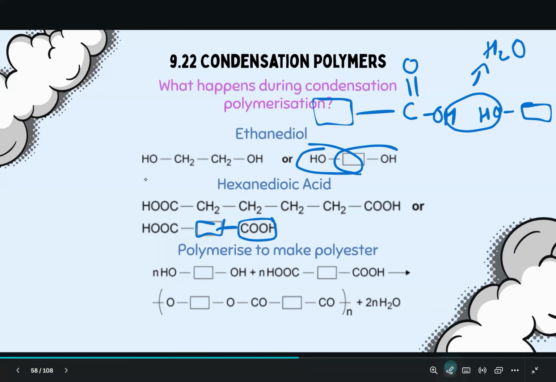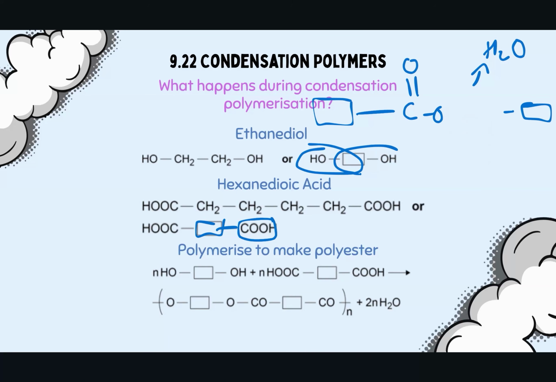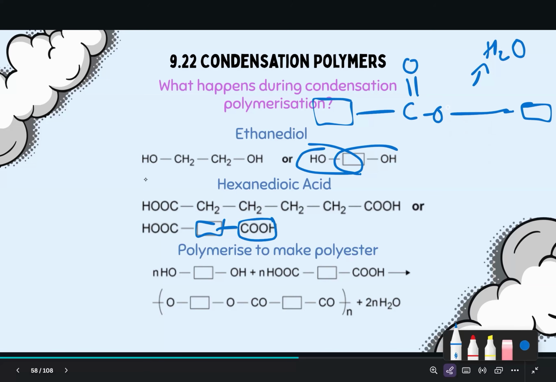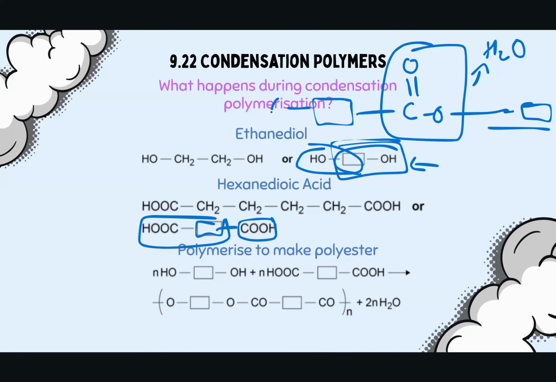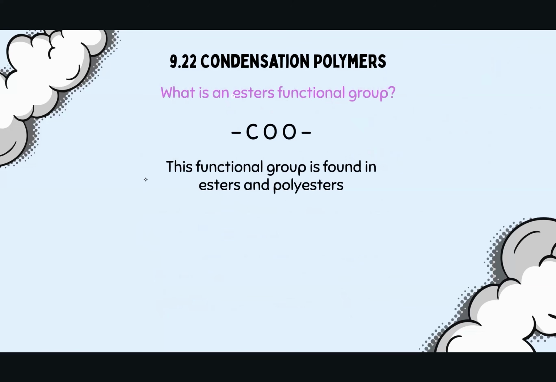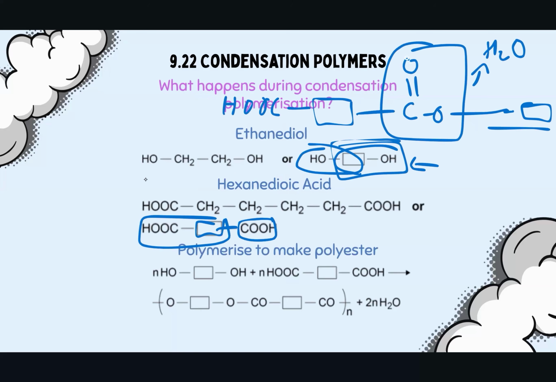And by losing that water, it can then instead connect there like that. So now what we've got is this in the middle with this on one side and all of this on the other side. So it's joined the ethanoic acid to the alcohol. So it's made an ester. Now the ester's functional group is, as we can see here, carbon with two oxygens.